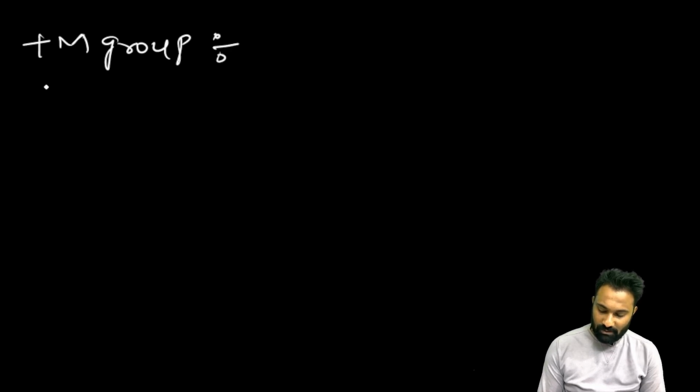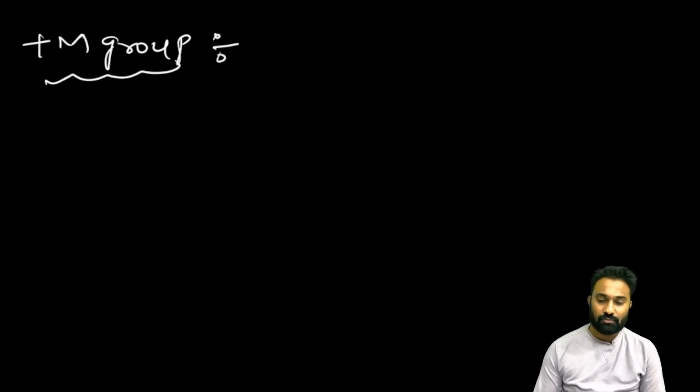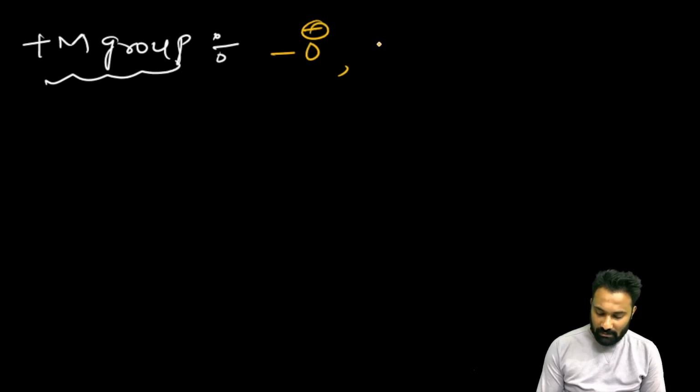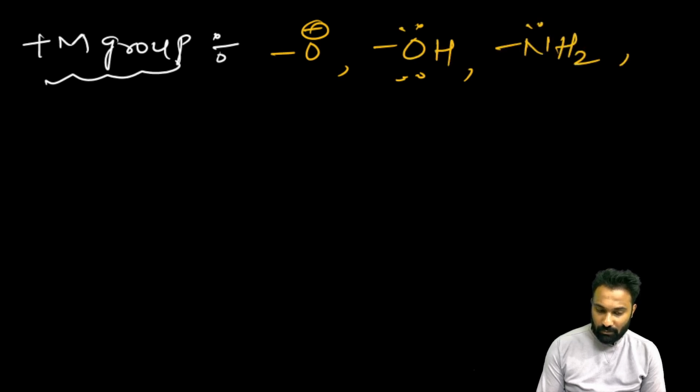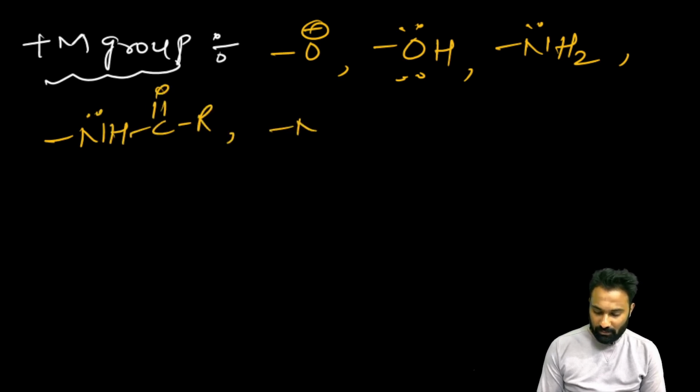Now we'll see. First, the plus M groups. Which groups come under plus M? First O minus. Clear? Next OH and NH2. Clear? Next NH C double bond O R. Clear? Next NHR.